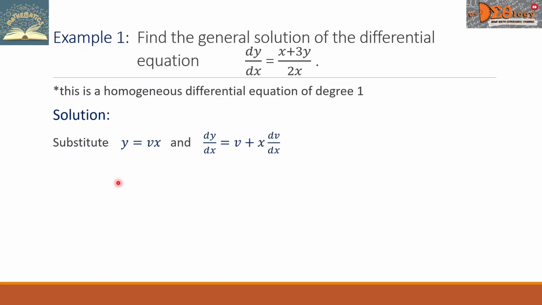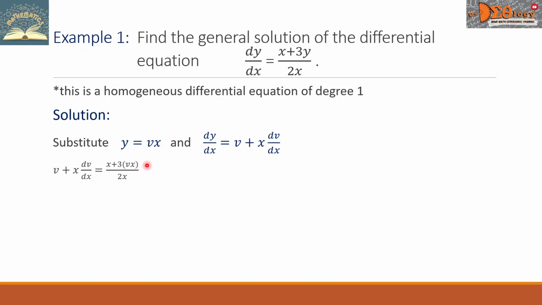For our solution, the step 1 is we substitute the two equations in the given equation. The left side now becomes v plus x times dv over dx equals, the right side is the x plus 3y becomes x plus 3 times vx all over 2x.